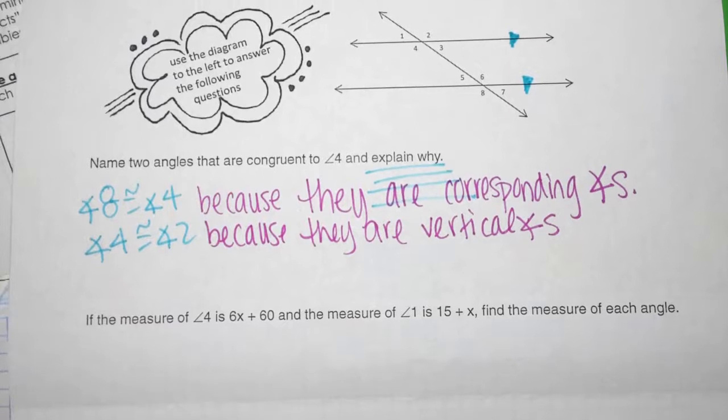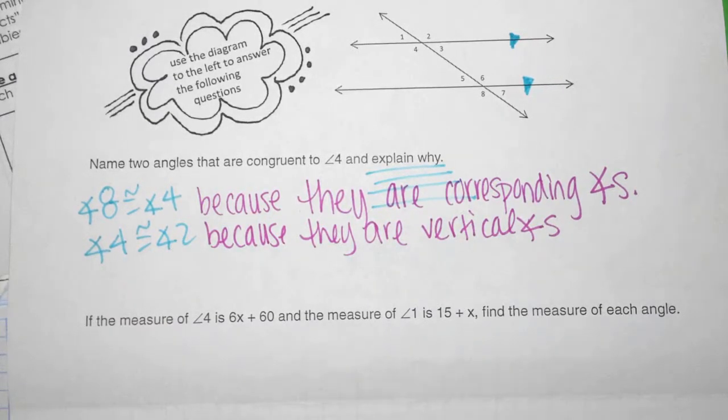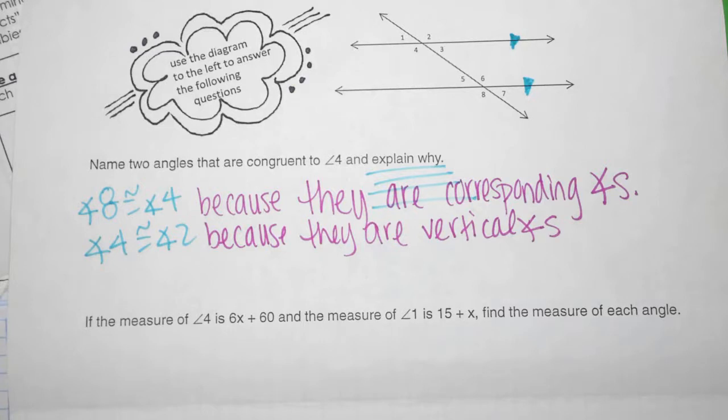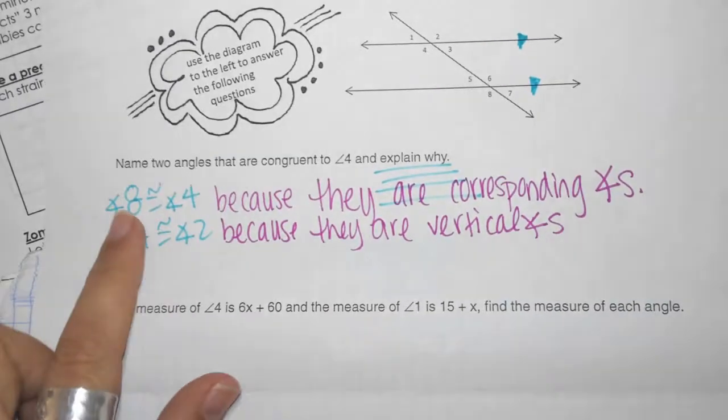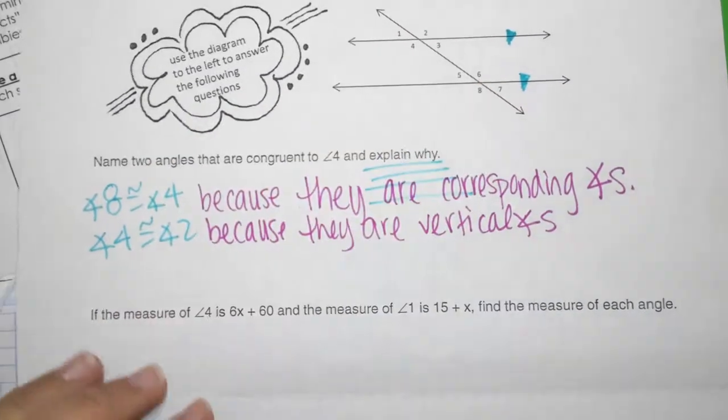Alright, Ravenclaw, can you tell me one more angle? I want to see if we can do 3. We already did angle 8. So you're saying angle 6? Why?